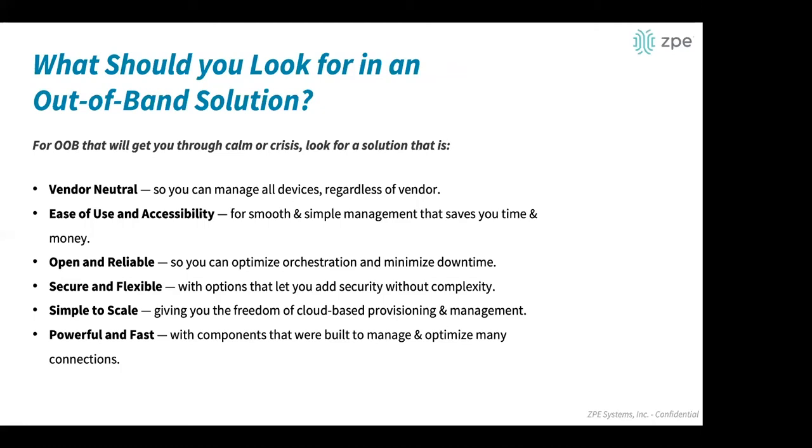So really what you're looking for in today's system is something which is vendor neutral, easy to use, open and reliable, first and foremost secure, and very scalable and powerful. So these are roughly the ideas which you are looking for in a modern solution. That is slightly different to what those systems have delivered in the past. So let's start off the bat with vendor neutral.